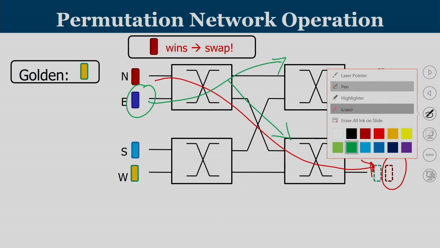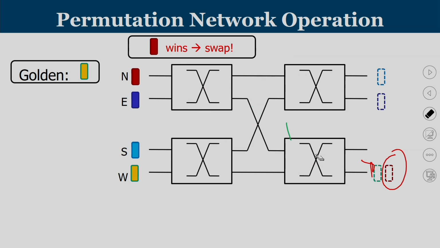I will repeat once again, as this is a bit tricky to understand. This is the first permuter. In the permuter, there are two flits coming in, both non-golden flits, and by random, let us say red is the winner. We look for the desired output port for red. Red's output lies in this port.